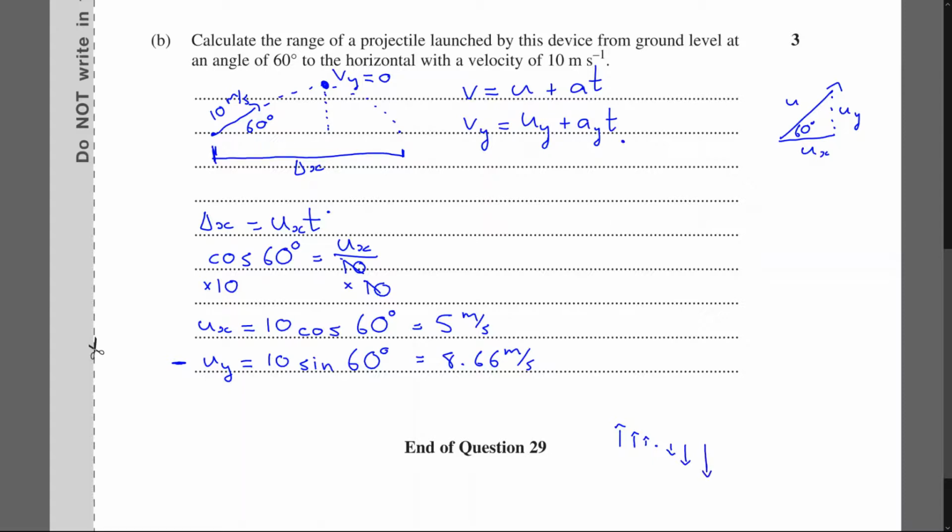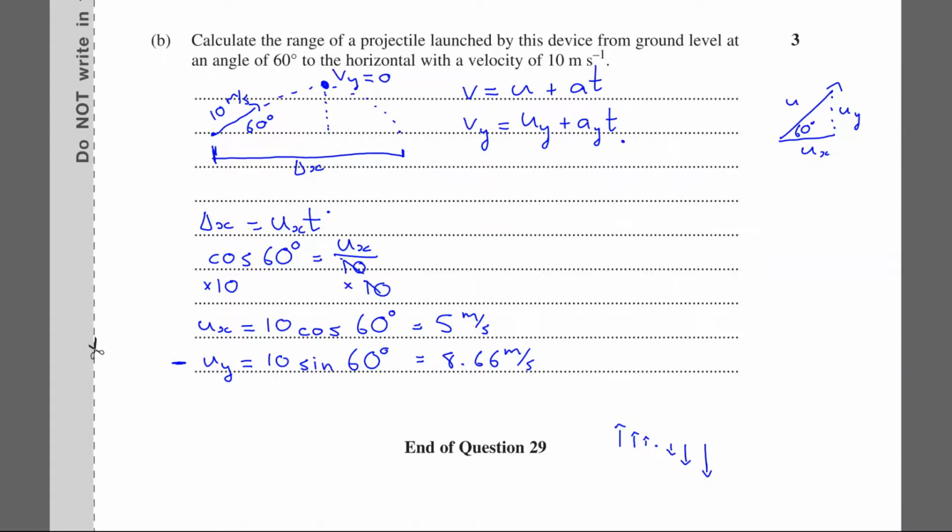So at this point in the middle of the curve, even though it's not quite the middle in my drawing, but just pretend it is, the vertical velocity is 0. My initial vertical velocity is just what we've calculated as 8.66. My final is 0, and t is what I need to work out.